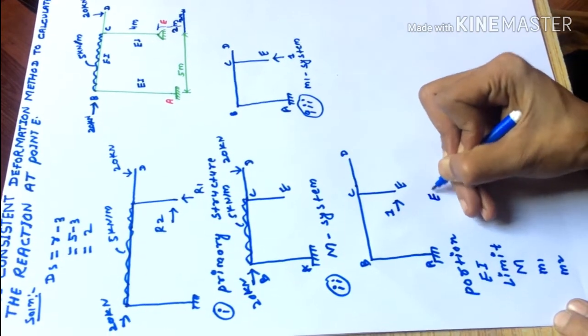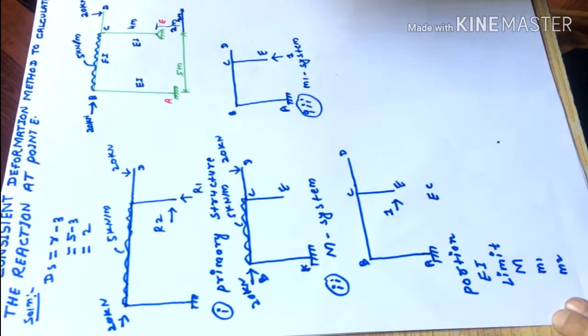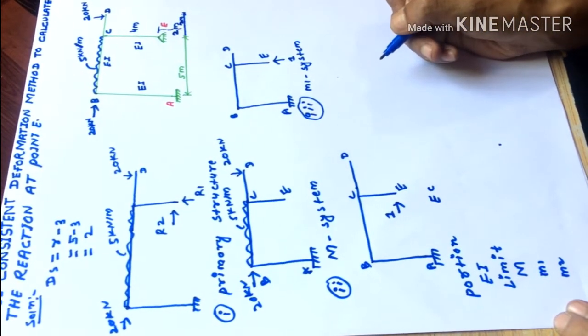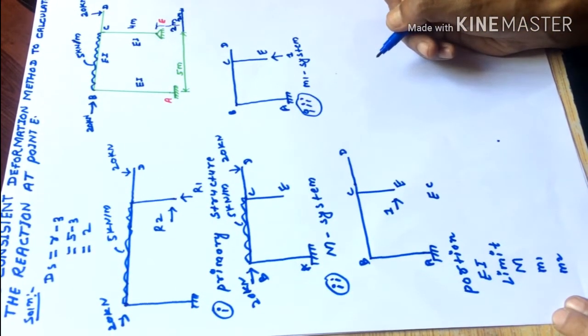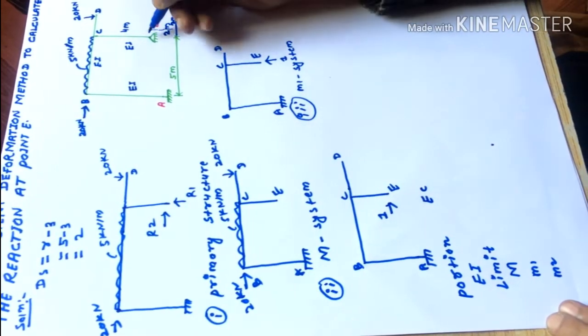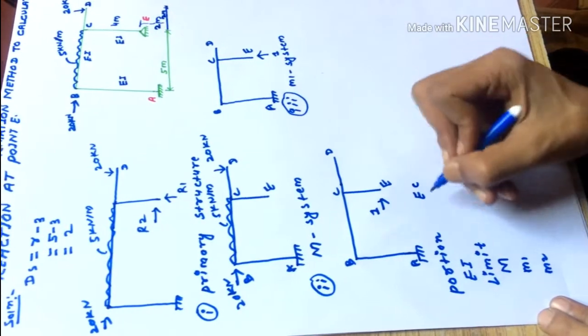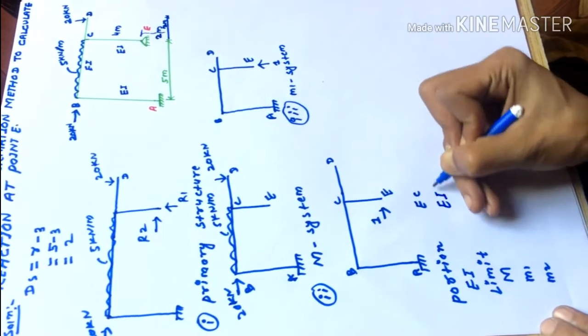Here for portion EC, in the figure we can see, let us assume the origin as E. So for portion EC, EI is constant.